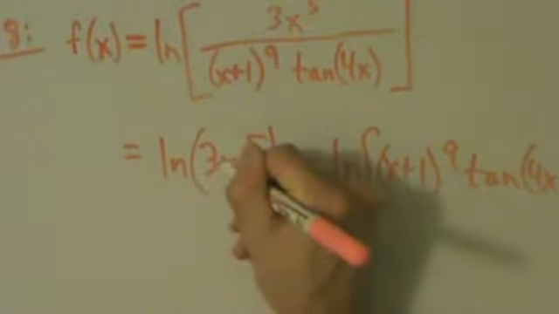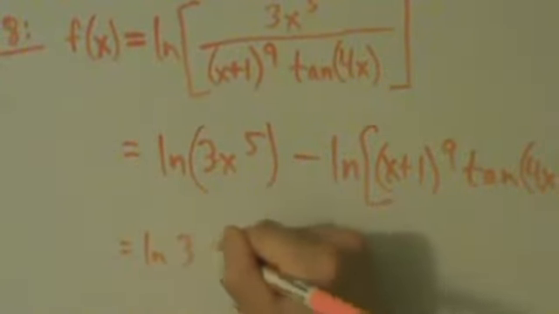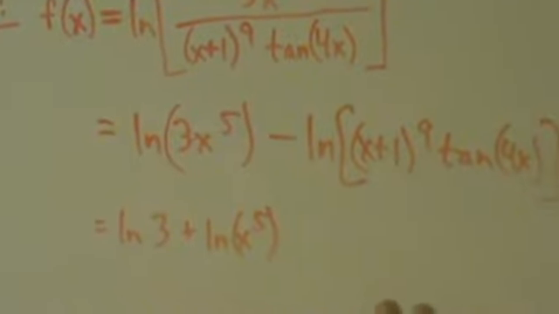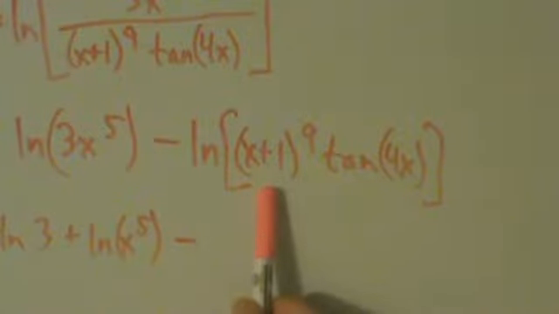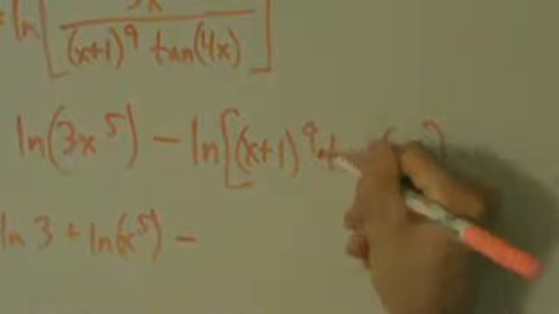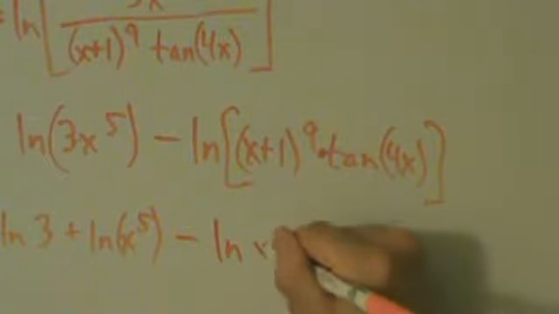So this is going to equal natural log of 3 plus natural log of x to the 5th. And then what happens over here? Well, here we have natural log of (x plus 1) to the 9th times the tangent of 4x. Natural log of a product, split it up as a sum of 2 logs.